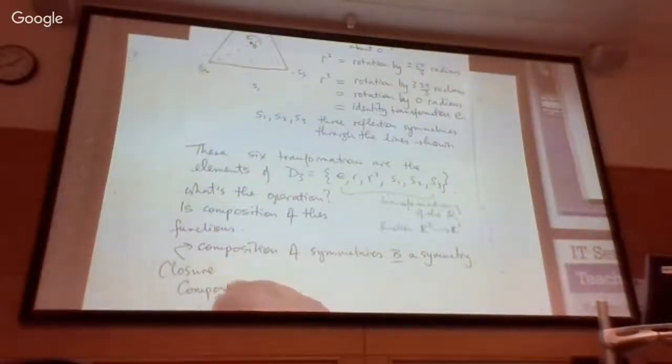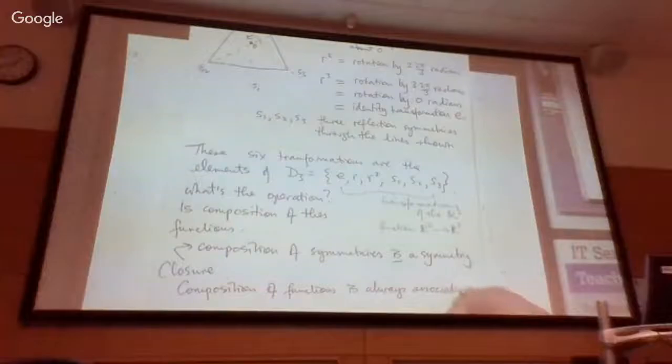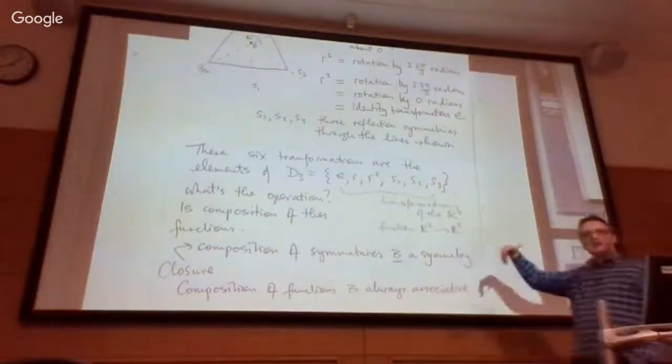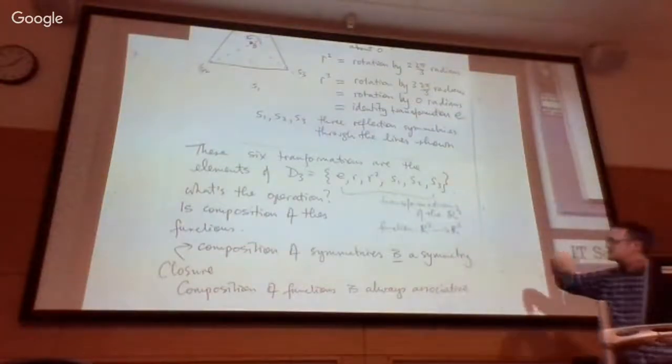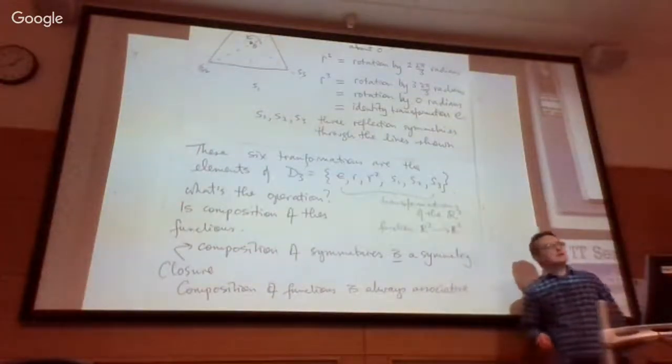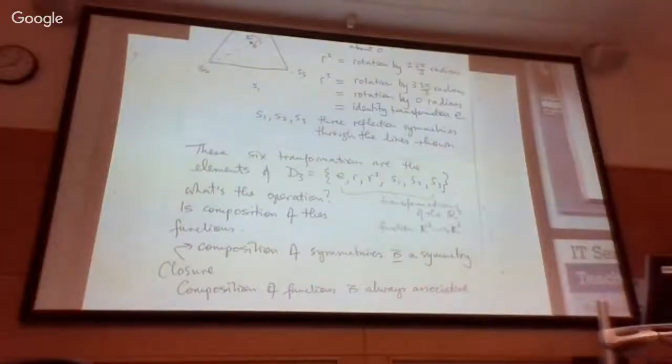Now, this is a universal fundamental fact: composition of functions is always associative. The second axiom. It's nothing particular about the triangle, it's nothing particular about symmetry transformations, it's nothing particular about the plane. Doing one thing after another is an associative operation.